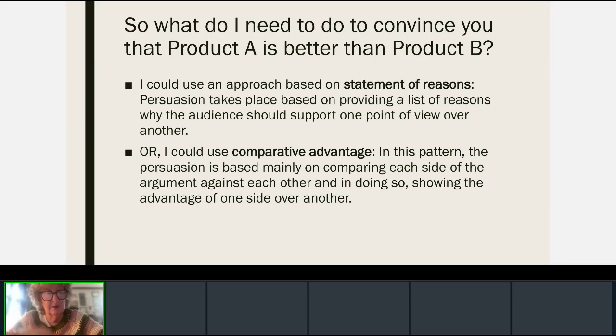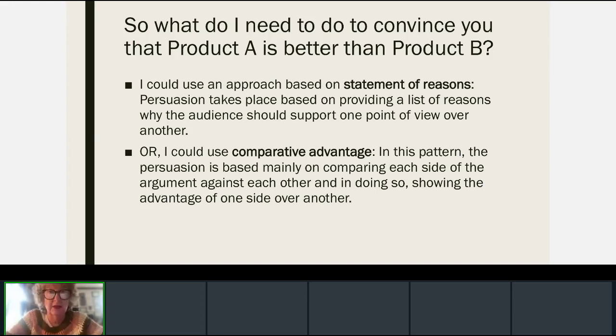Statement of reasons is that you've got a list of reasons why someone should change, okay? And you're going to explain each of those reasons and cite the sources for those facts. And that's going to help put together your persuasive message. I've got a list of 47 reasons why you should do this.